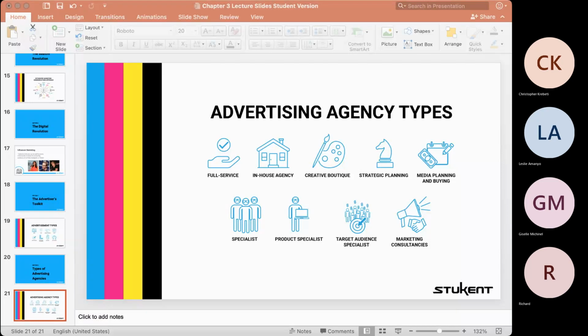As I've said, there are some clients who want you just to create the advert for them so that they own the advert themselves. And they will go and run it on TV, on radio, online, etc. They want to own it so that when they are running it, they can track it themselves.